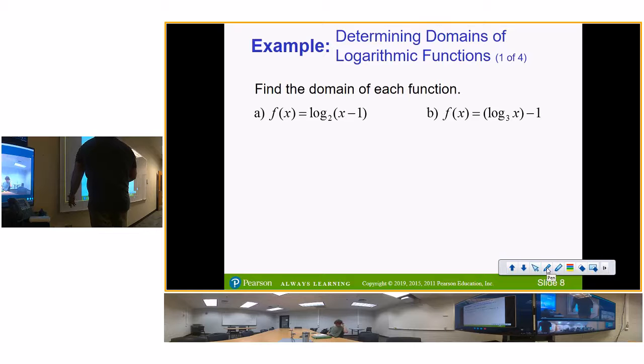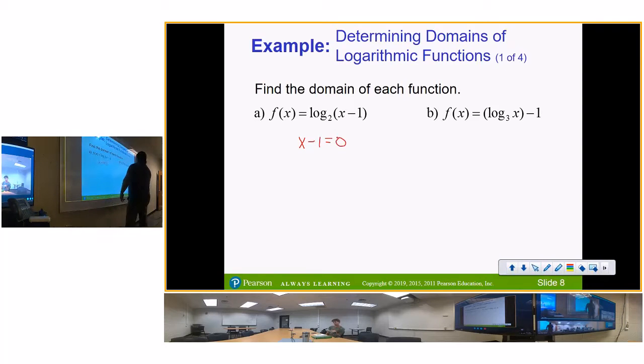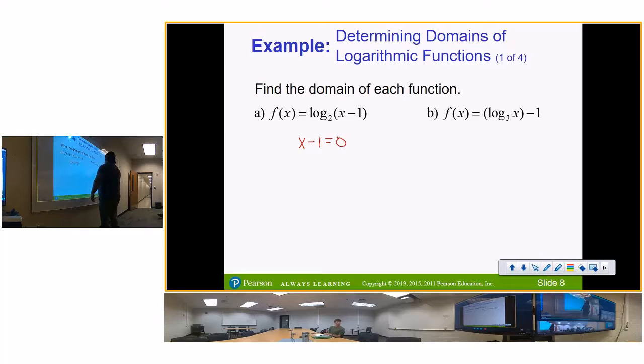Of a negative number. So you could do that, or you could graph it. So x minus 1 is equal to 0. And here, you can't take the log of a negative number here. So x equal to 0. So x is going to have to be greater than what? 0. So there's your domain there.